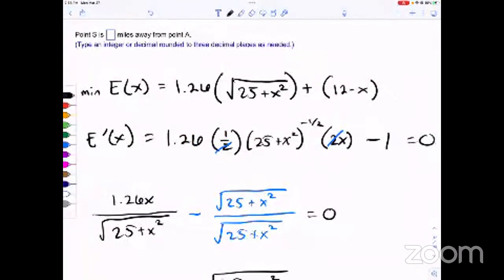Okay. So we take the derivative, right? The 1/2 comes down, 25 plus x squared times 2x, okay? That's minus 1. Those cancel. We get our 1.26x divided by the square root of 25 plus x squared minus 1 equals 0. Common denominator. That minus that. That looks good.